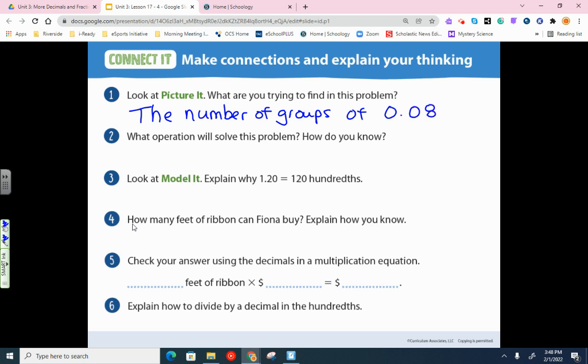What operation will solve this problem and how do we know? Obviously, it's going to be division, and you can divide to find the number of groups.